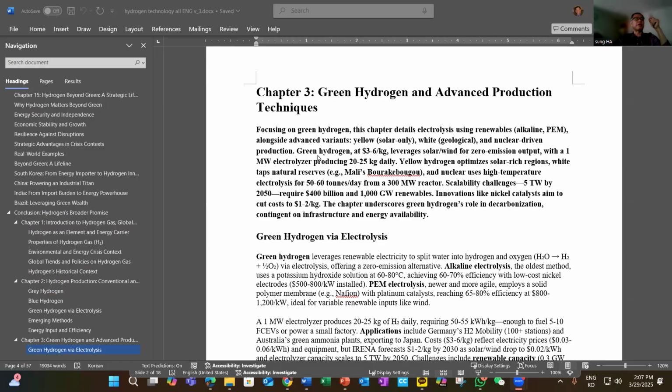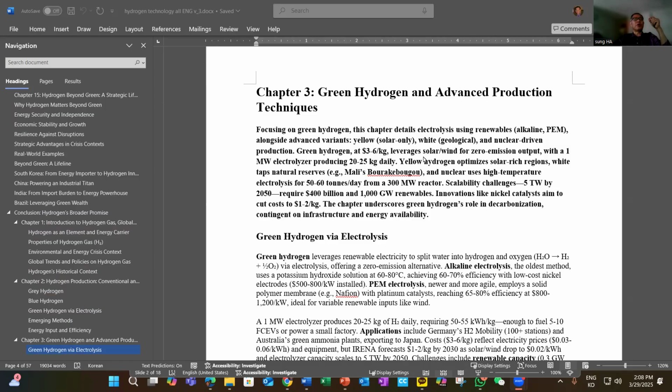Anyhow, green hydrogen is $3 to $6. There are several methods, as we know, of producing hydrogen by color, but the most important point is the price, how much it will cost to produce hydrogen gas. So green hydrogen we hope will cost $3 to $6 per kilo. This cost depends on the material we use and the efficiency of the method.